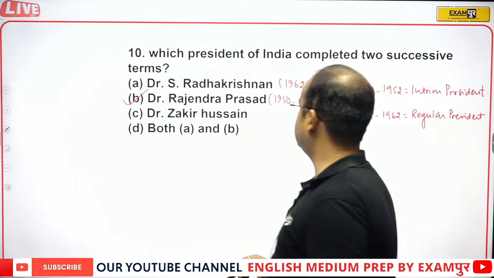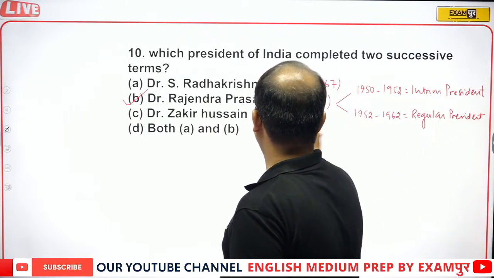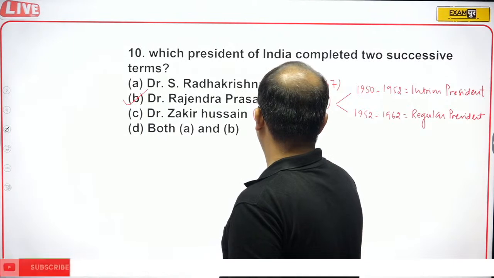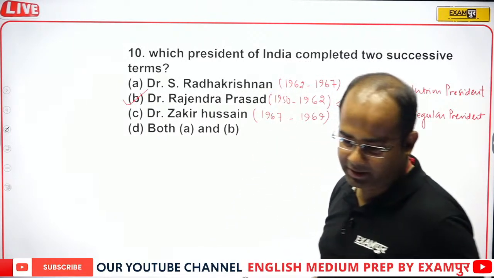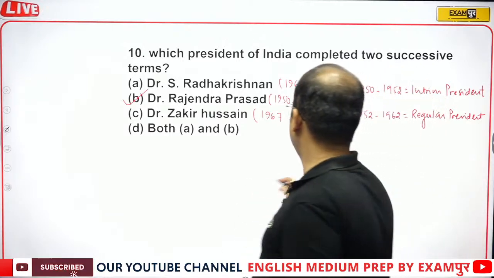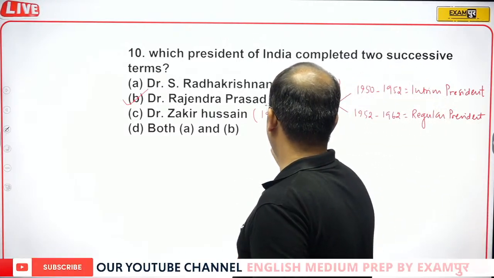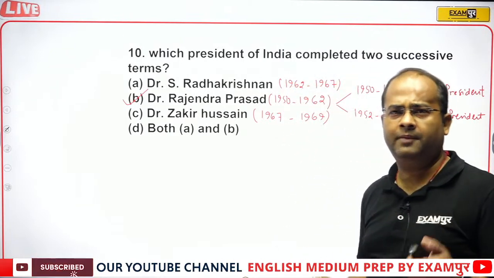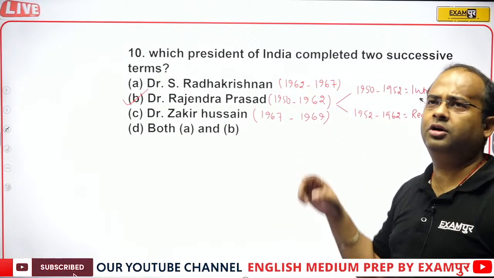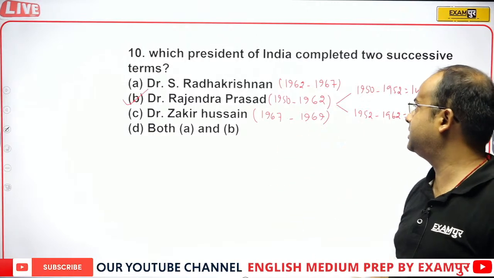And Dr. Zakir Hussain was from 1967 to 1969. He did not complete even the term of 2 years, in fact. Just 10 days remained from the 2 years when he died. He got the presidential post on 13th May, and on 3rd May 1969, he died.